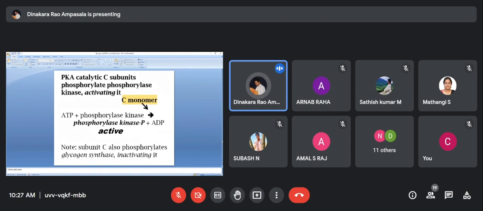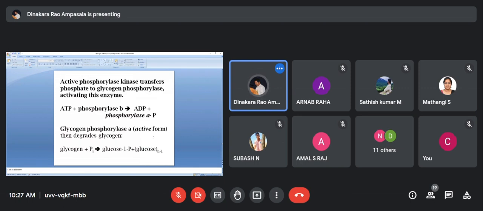Subunit C also phosphorylates glycogen synthase and inactivates it. Glycogen synthase is the one involved in glycogen synthesis. It also activates phosphorylase kinase. So this active form will actively interact with the glycogen and remove the glucose molecule.